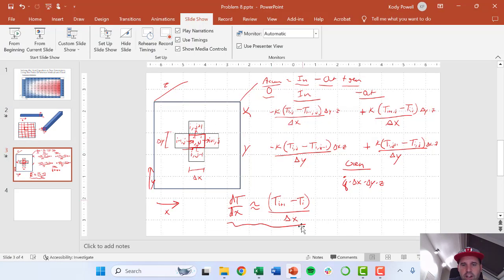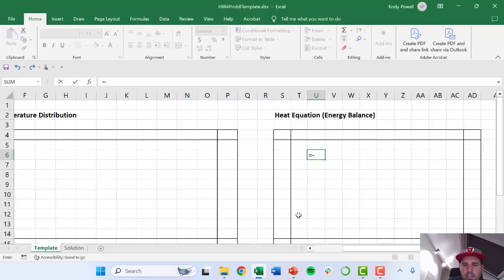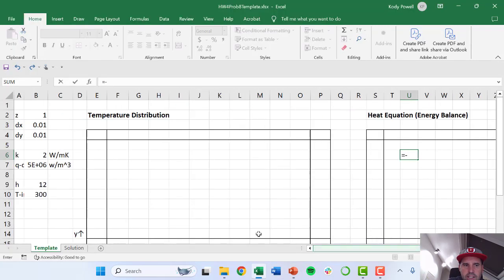Here I'm going to go minus K, and I'm going to use an absolute cell reference there by hitting the F4 key. So I got minus K, and now I'm going to refer to these temperatures. So here's my finite difference approximation. I have the temperature of this corresponding node.